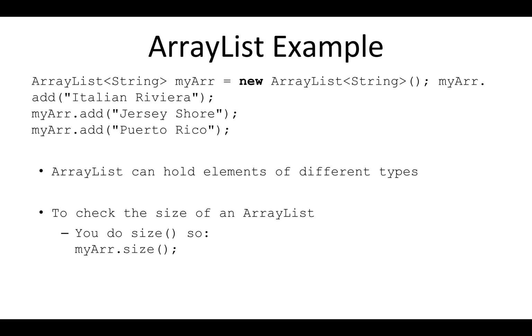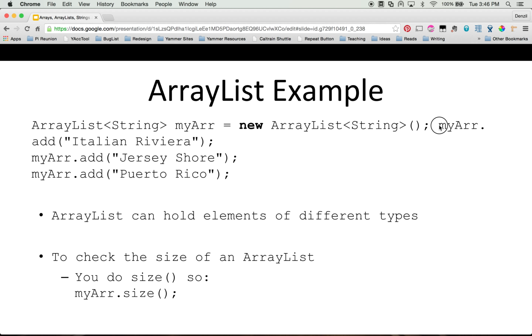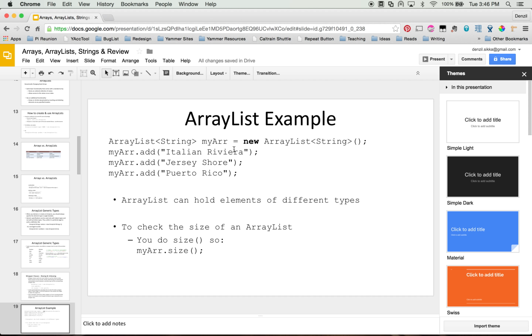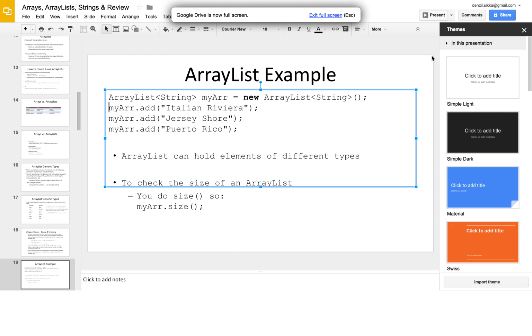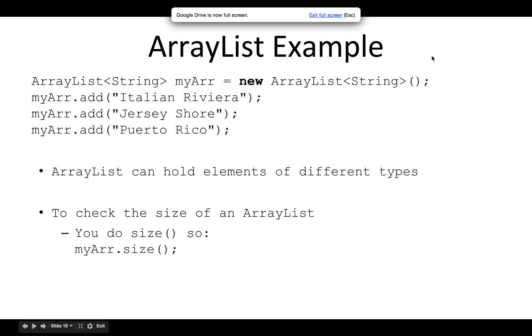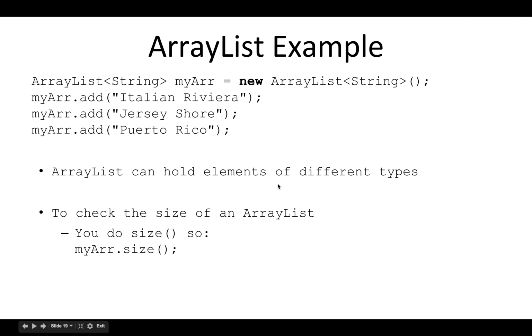So here's an example of an array list. Here we have an array list of type string. It's called myR. It's a new array list, and then this array list adds the Italian Riviera to it, then the Jersey Shore, and then Puerto Rico.